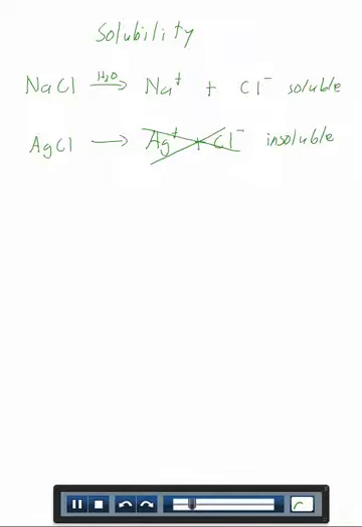Now, books have tables of solubility rules, and I've put one on Blackboard for you to use. It is a table of the possible pairing of cations, positive ions, and anions, negative ions, and whether they are insoluble or not.